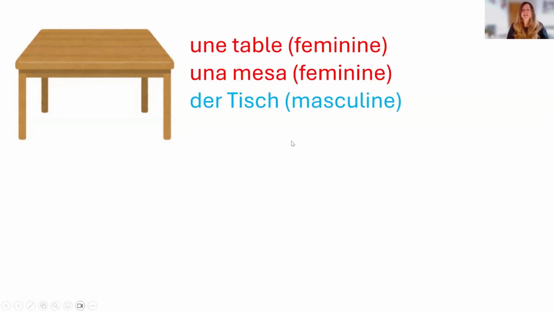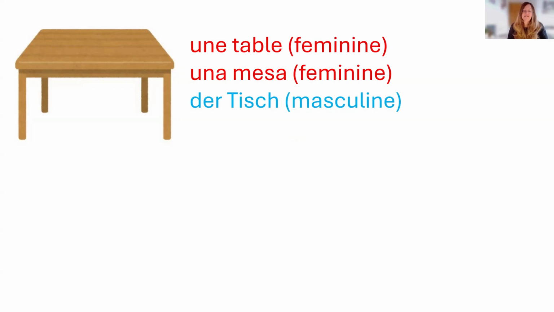And so people will say to me, for example, well, what's so feminine about a table? And the answer is nothing. So a table is feminine in French, une table. It's feminine in Spanish, una mesa. But in German, it's masculine, der Tisch. It's a masculine word. So there is nothing feminine about a table.